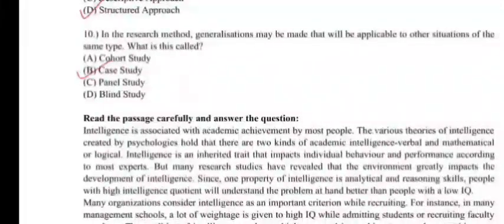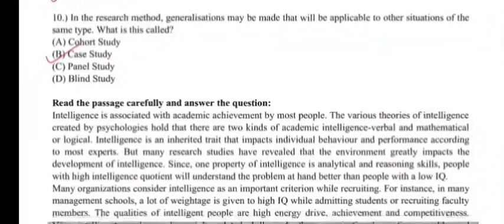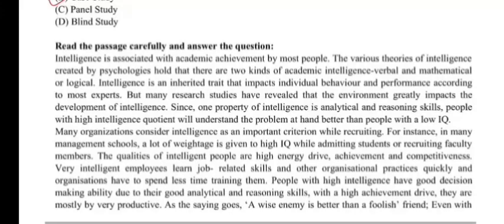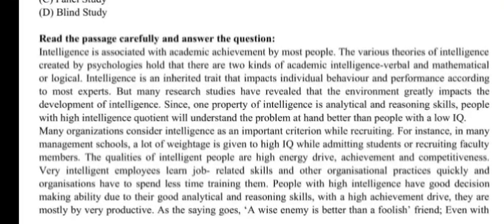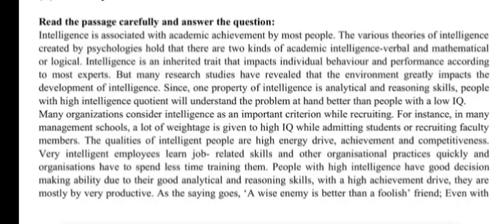The next thing is we have to read the given passage and answer the questions. Let me read it. Intelligence is associated with academic achievement by most people. The various theories of intelligence created by psychologists hold that there are two kinds of academic intelligence: verbal and mathematical or logical. Intelligence is an inherited trait that impacts individual behavior and performance according to most experts.